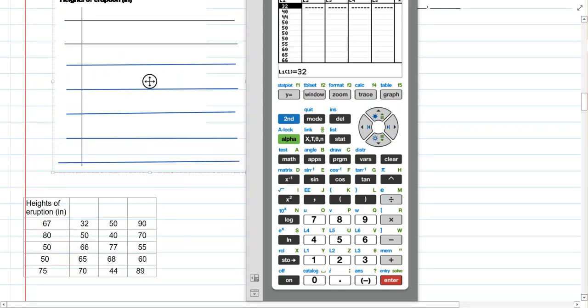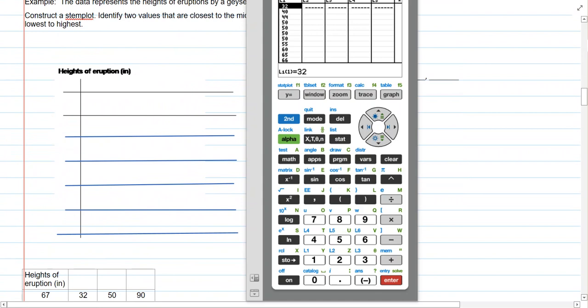But let me move down a little bit. Okay, so my first number is a 3, and then 40, 50, 60, 70, and 80. All right. So now I write the last digit of that two-digit data. So the first one is 32.